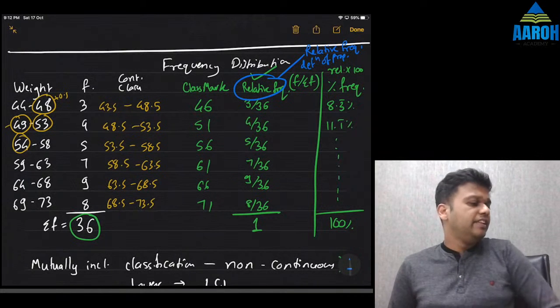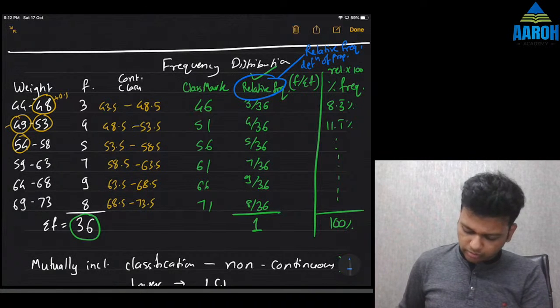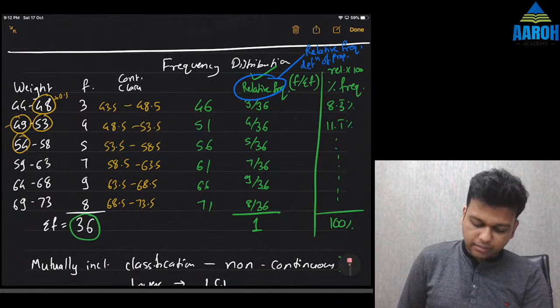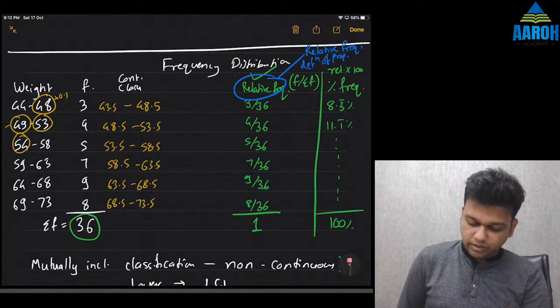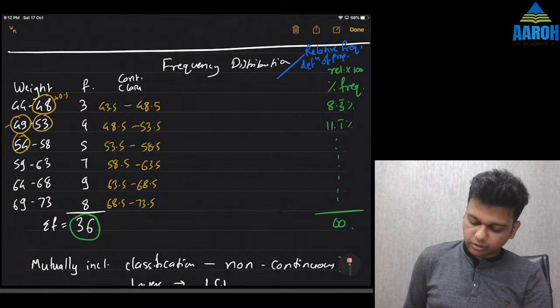Okay, we need to see 2-3 more columns. So let me erase some of the columns now. I'm erasing class mark. I'm erasing relative frequency. And this also.